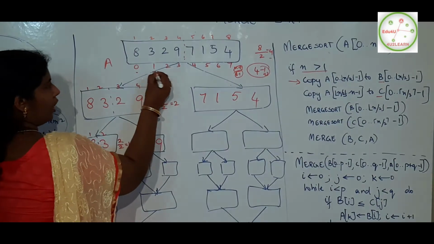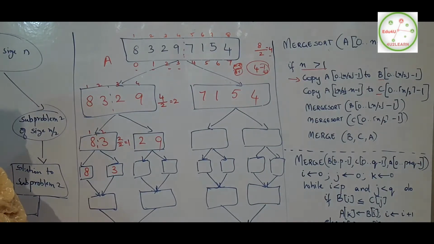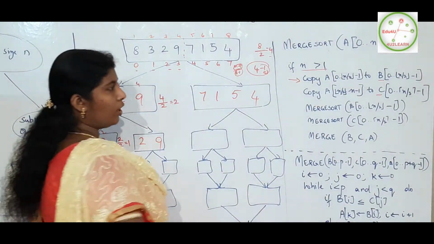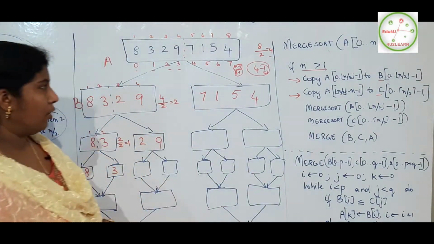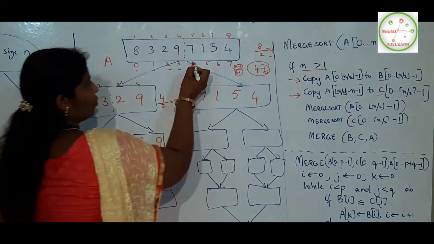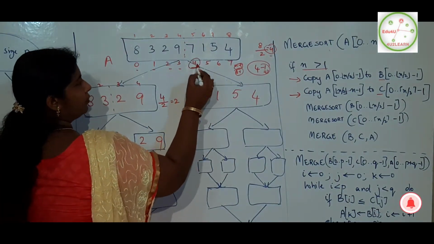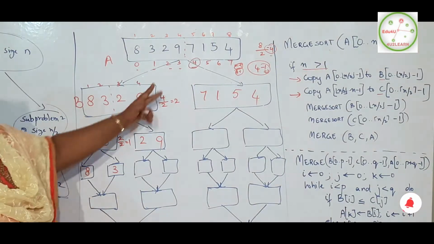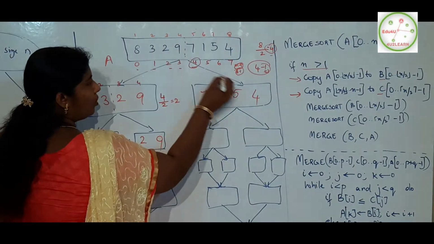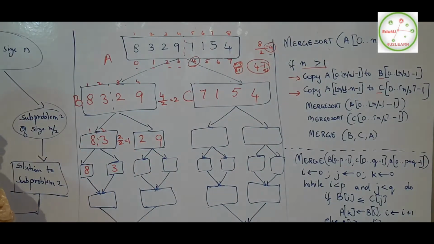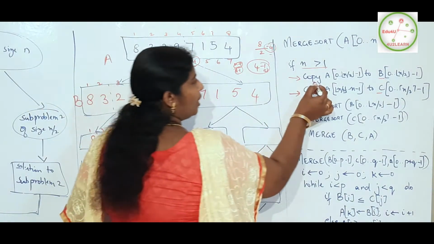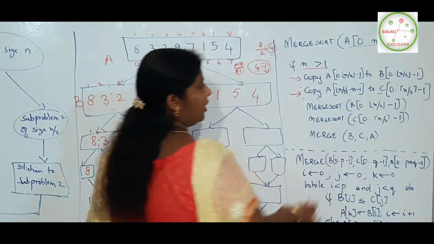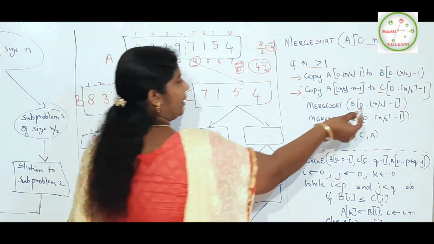So elements 0, 1, 2, 3 are going to be copied to array B. Then the next part, from n by 2 to n minus 1, is going to be copied to another array called C. Hope you have understood that the bigger array is divided into two halves, and one half is copied to array B, another half is copied to array C.